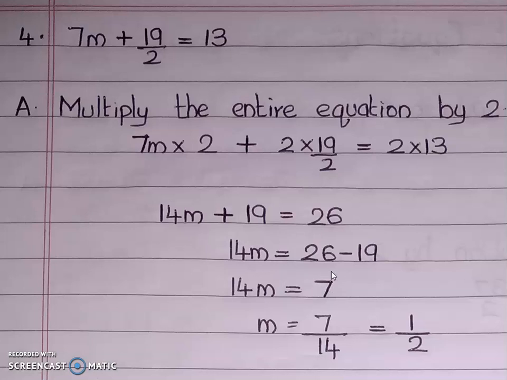Here already 7 is there. So you are taking 14 to the denominator, 7 divided by 14. You will get 1 by 2. Don't write 2. It is 1 by 2. Next question. Fifth one.